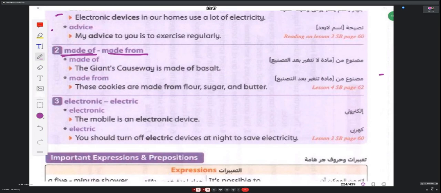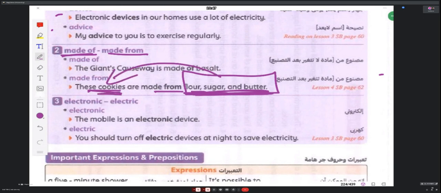So cake is made from, or cookies are made from flour, sugar, and butter, because these materials have changed into a new product, cookies or cake. So you can't see sugar or flour or butter in front of you when you see cookies. So the material changed. When the material changes, we can use made from.